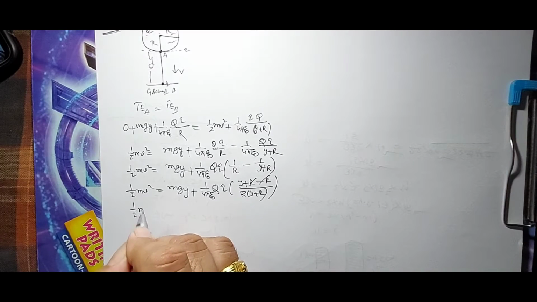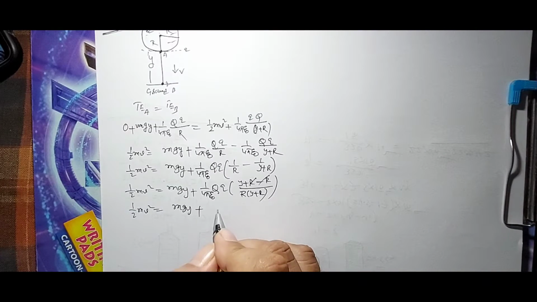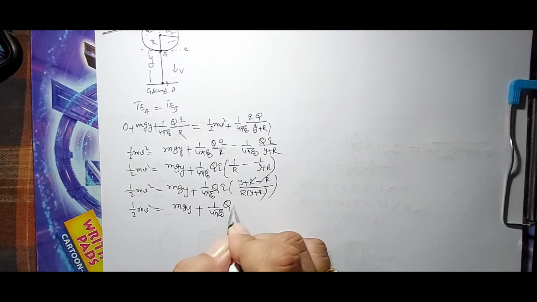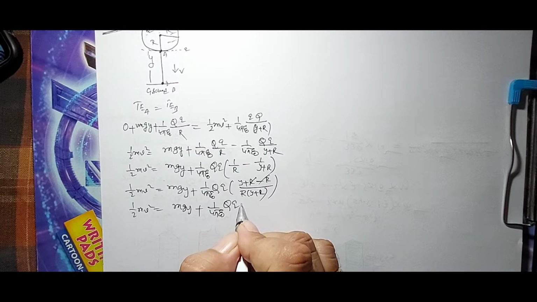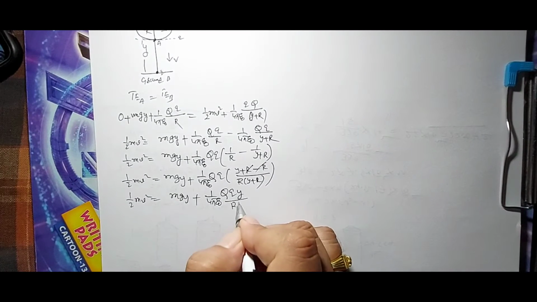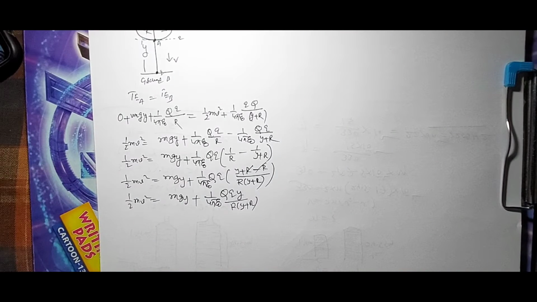Now (1/2)mv² = mgy + (1/4πε₀)Qq·y/(r(y+r)).